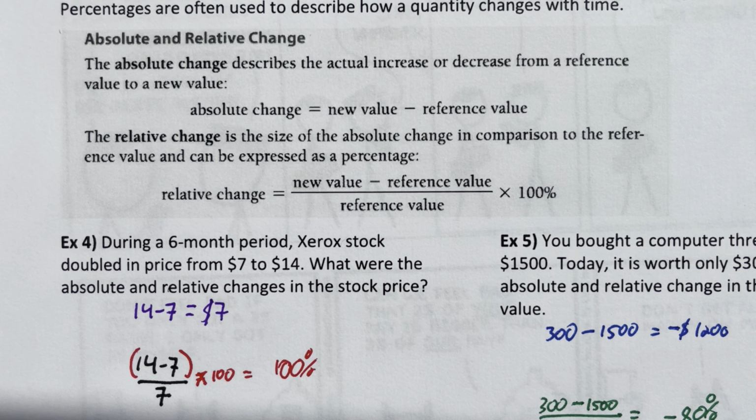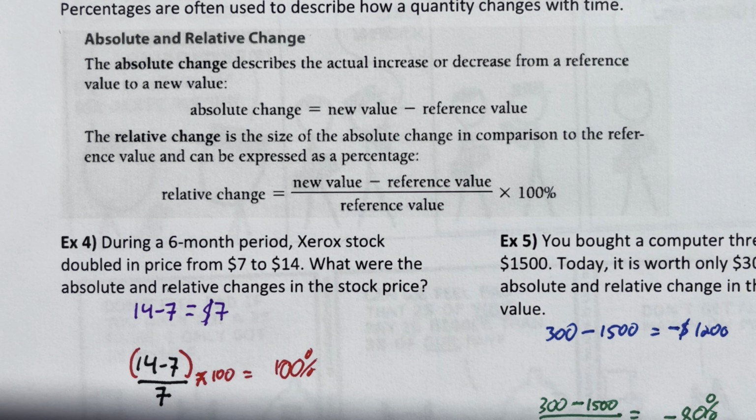So to find the absolute change, we're going to take 14 minus 7 and get $7. Okay. For the relative change, we're going to take 14 minus 7 divided by 7. We're going to times it by 100. 7 divided by 7 times 100 is 100%.